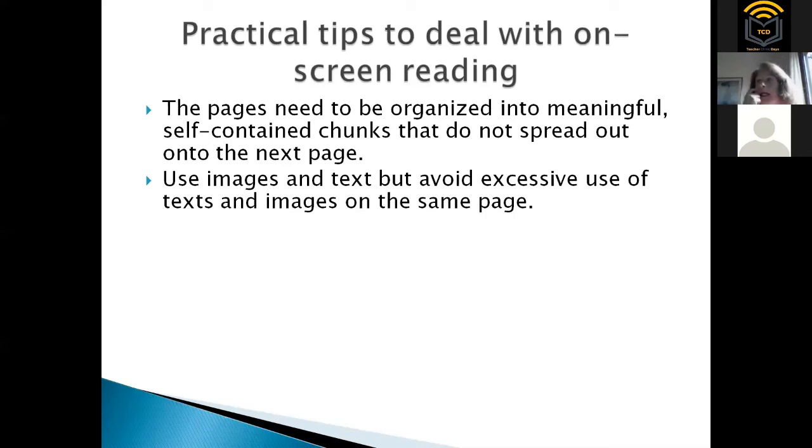For example, let's say you've got the word, I don't know, chair, and your students do not know what a chair is. You actually have a hyperlink to an image that shows a chair. Or on the page itself, you can have pictures that show what the main topic of this paragraph or the couple of paragraphs on that particular screen are all about.